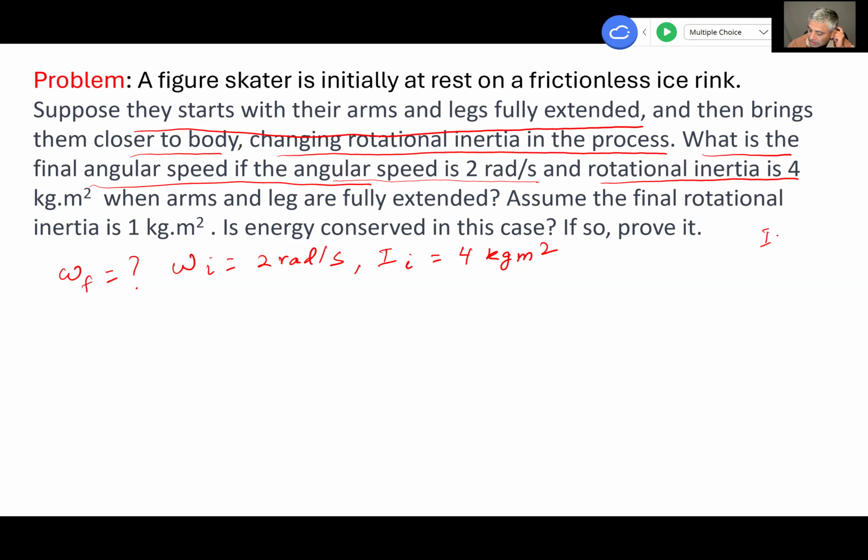Remember, rotational inertia is m r square, so the unit is kilogram for the mass and meter for the distance, so meter square. That's why the unit is like that. It says assume the final rotational inertia is this, so IF is 1 kilogram meter square.